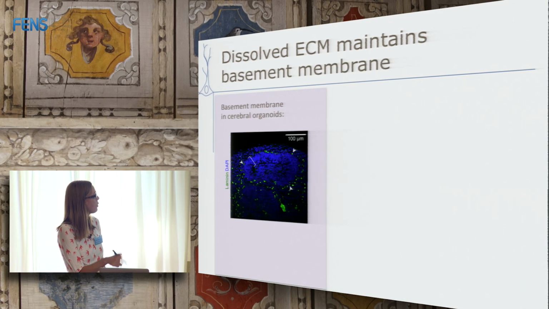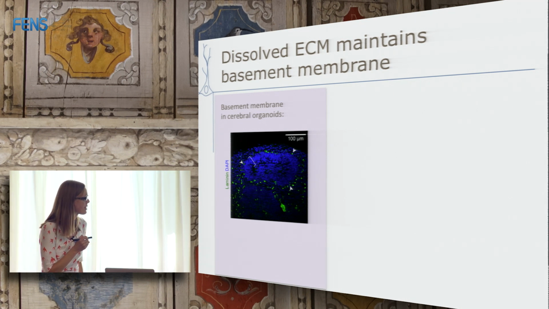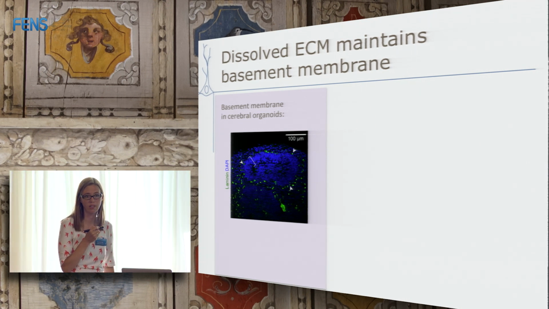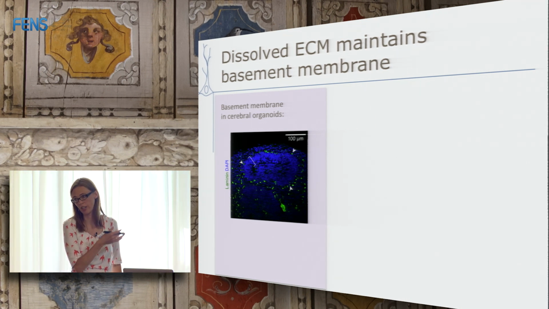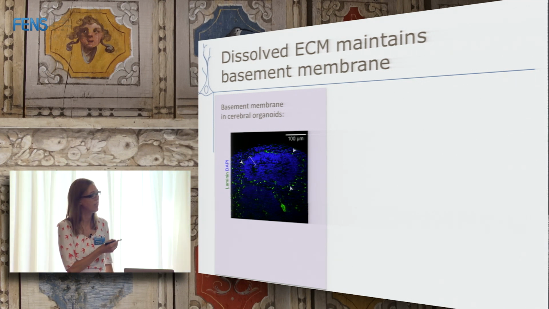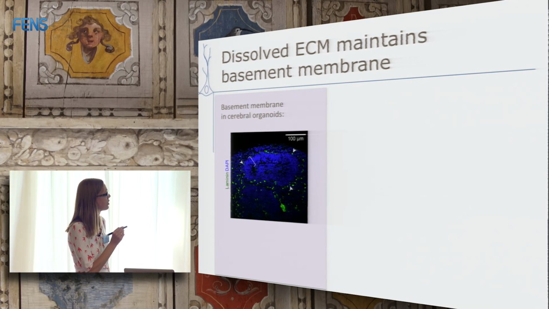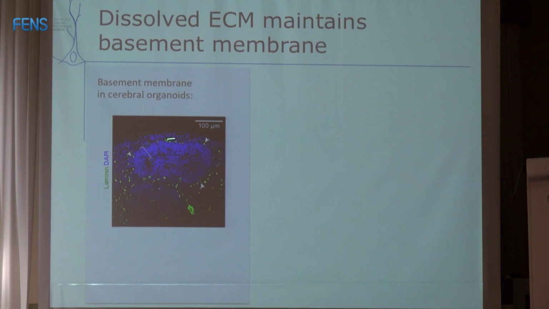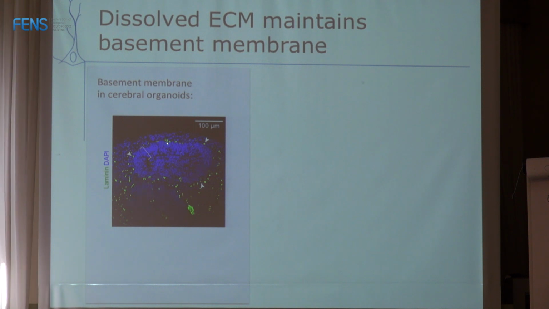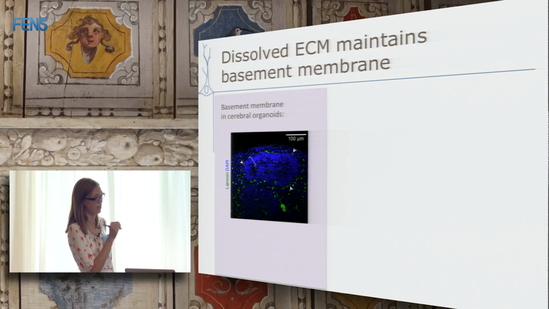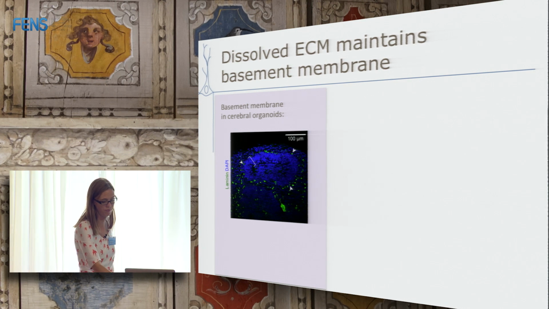So we looked at whether the basement membrane was even present. We saw it early on, which makes sense because early on they have the Matrigel, but later, after they start making neurons, the basement membrane really seems to break down, and whatever is left is stuck next to the ventricular zone rather than on the surface. It should be outside the neurons.